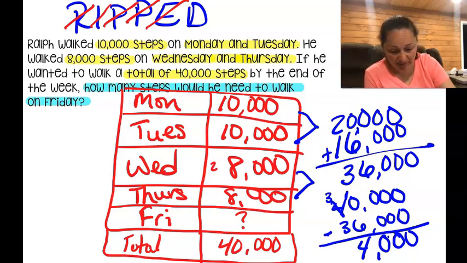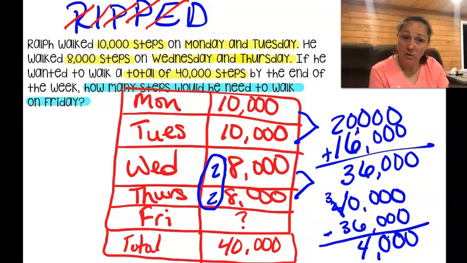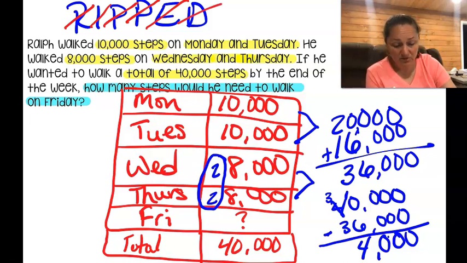He's only 2,000 away from 10. And here he's only 2,000 away from 10. And 4 tens is 40. So we see right here that he's 4,000 away. So does it make sense? Absolutely. So nice job, Ralphie. Keep up the good work.